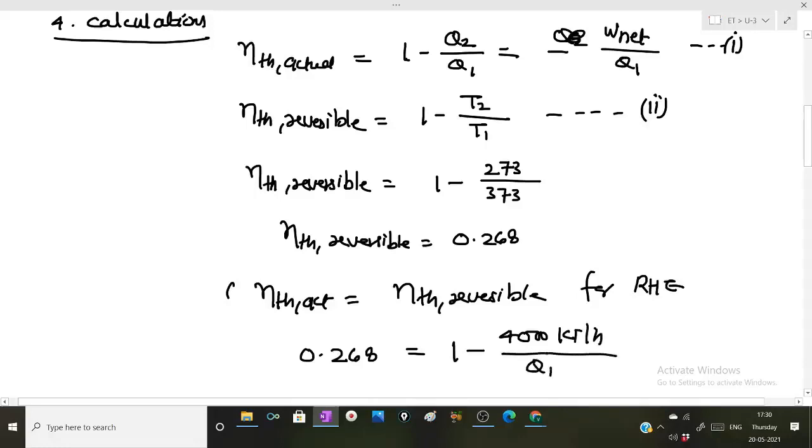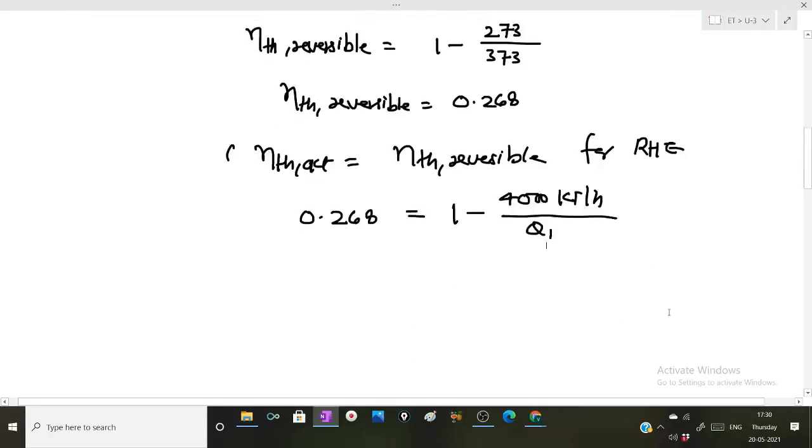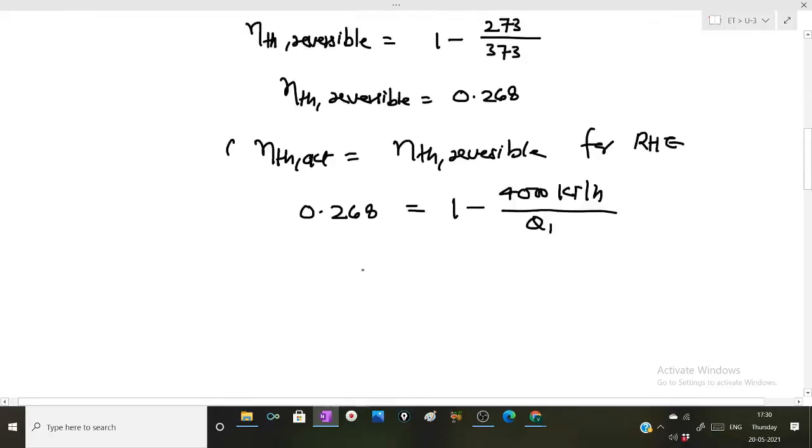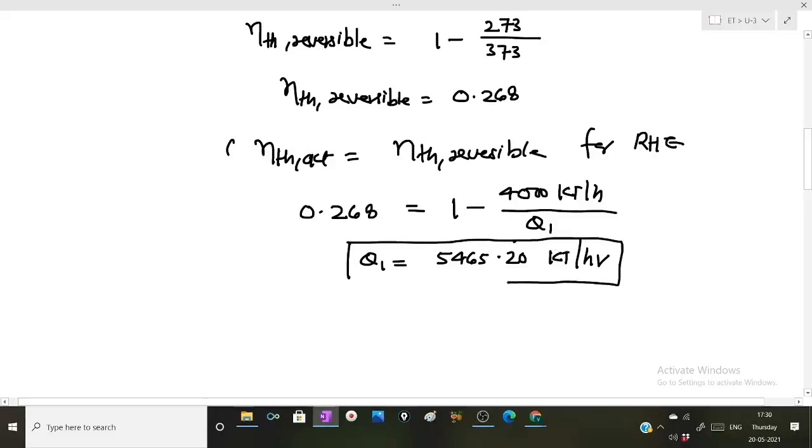So from this equation I can calculate the value of Q1. And what will be this value? 5465.20 kilojoule per hour.